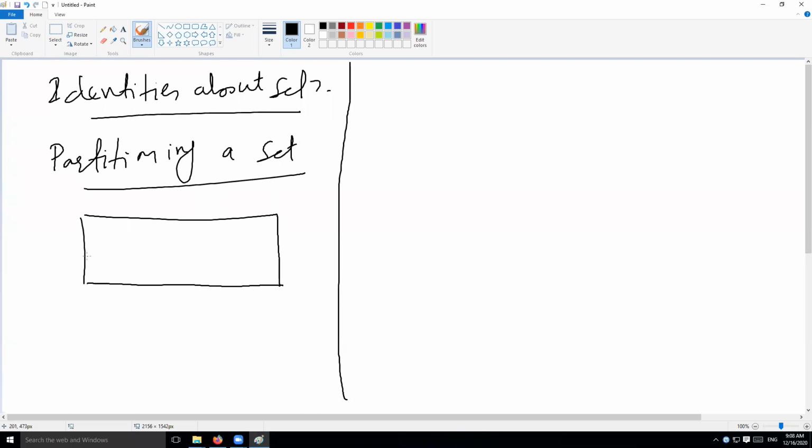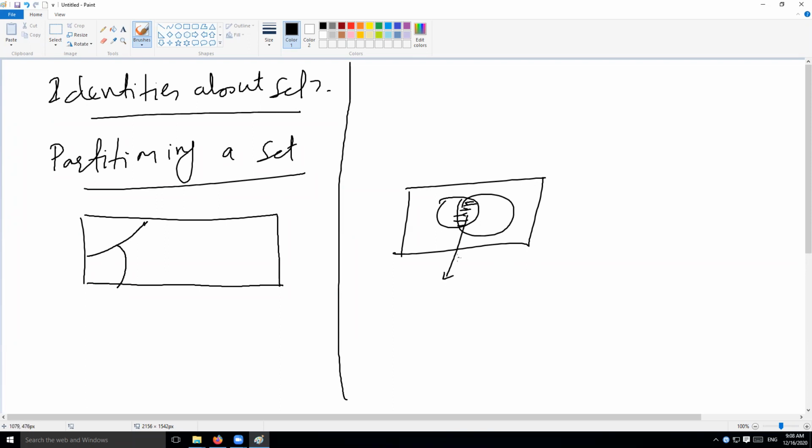You have to make parts that do not overlap with each other. Because if there is a part which is shared between both, then I can't say this is true partitioning, because you are still sharing a part.